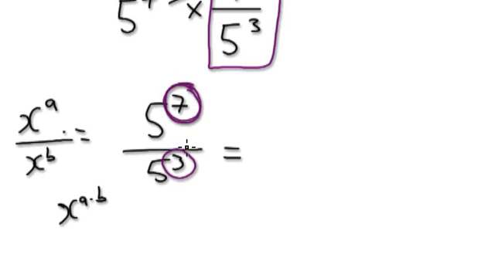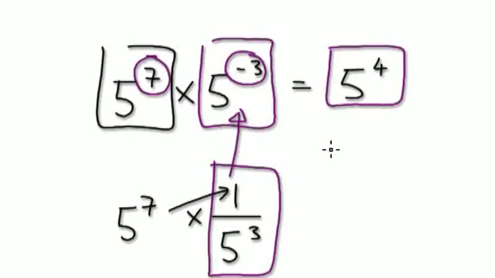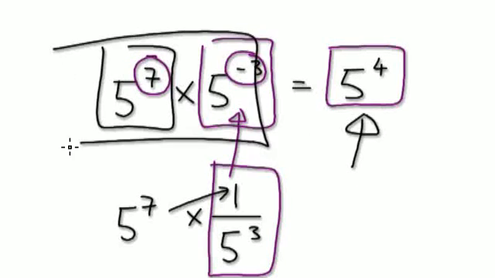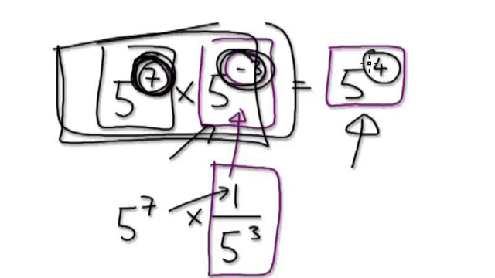So basically it's just 7 take away 3, so it'd be 5 to the power of 4. So either way you still get to the same answer. So when you get given this, you can just visualize it as this plus this, or you can turn this into a fraction. But I would choose the first one. Get this and add it to this. So that will give you a 4. Okay.